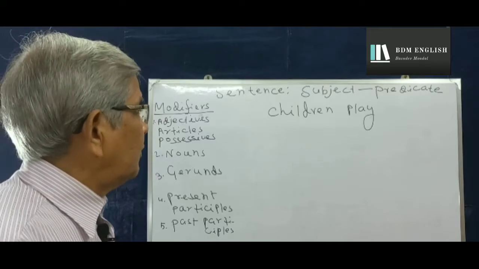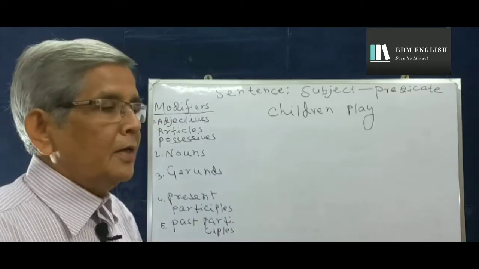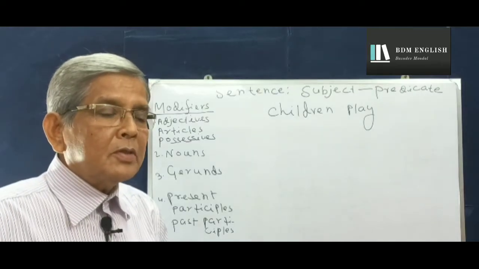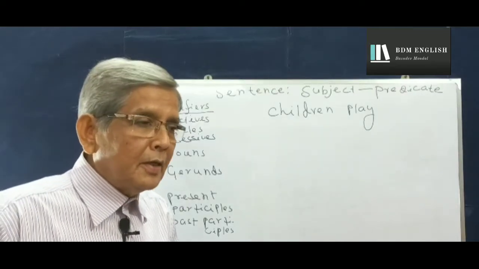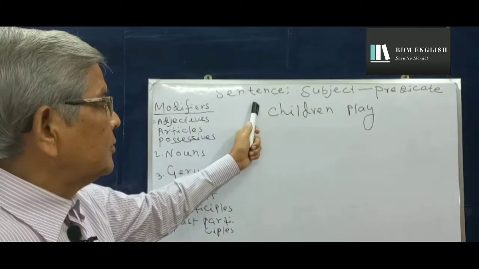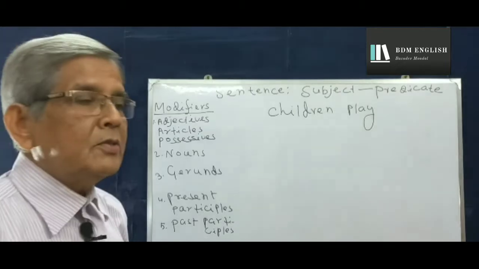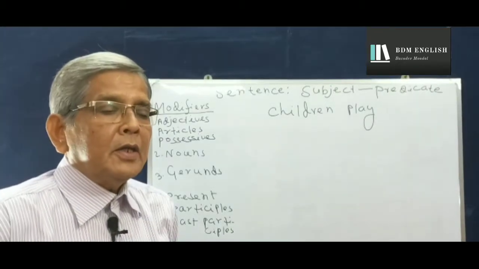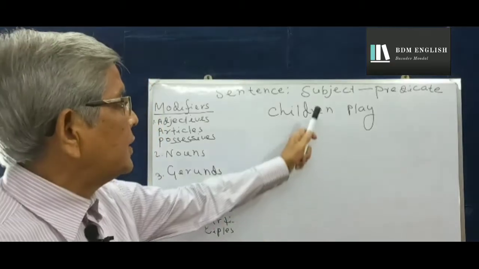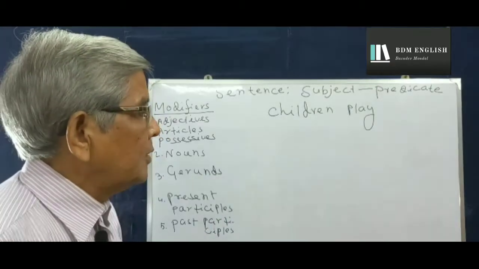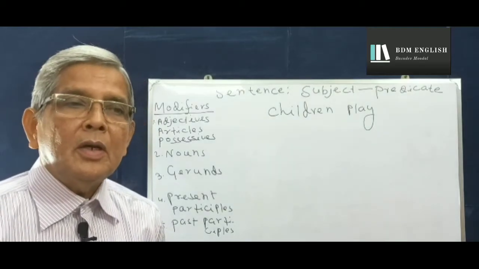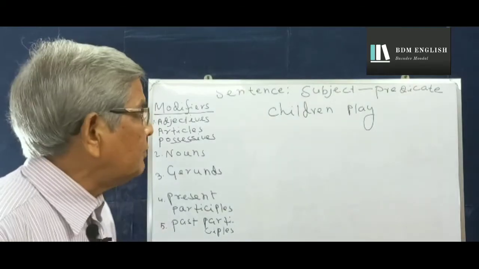Thus, when the subject and the predicate combine, make a complete self-contained whole and express a complete meaning, we call it a sentence. Therefore, a sentence is a grammatically arranged set or series of words containing a subject and a predicate, which together can express a clear meaning complete in itself.